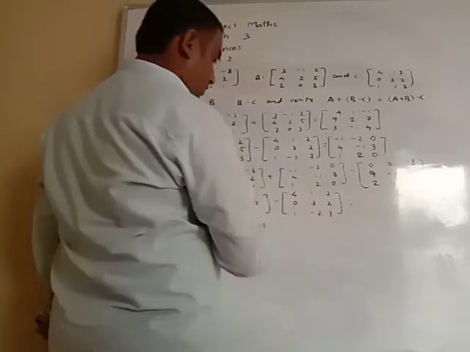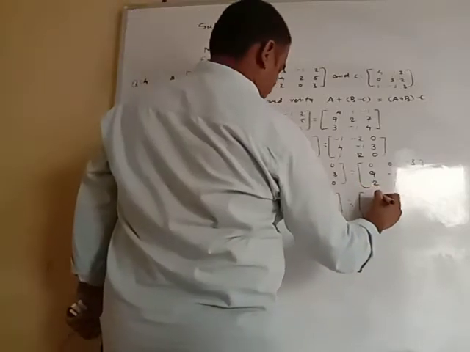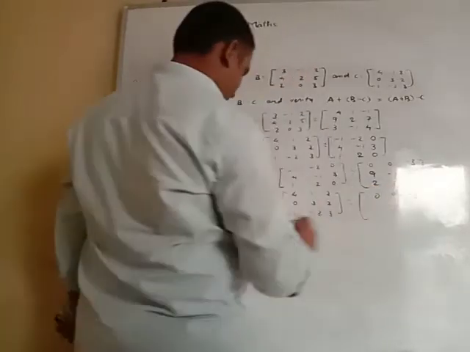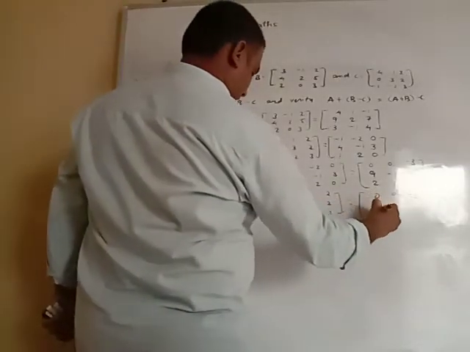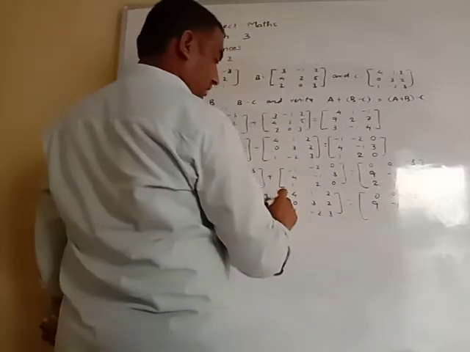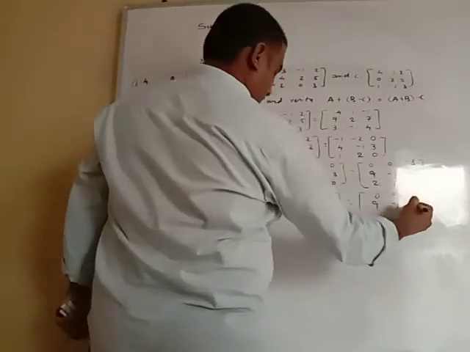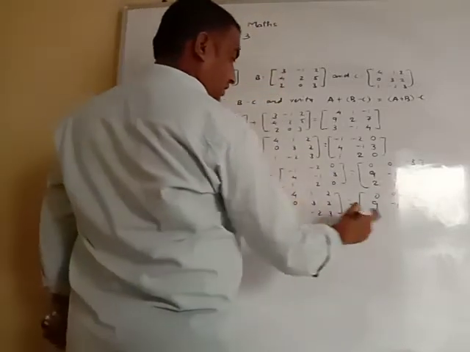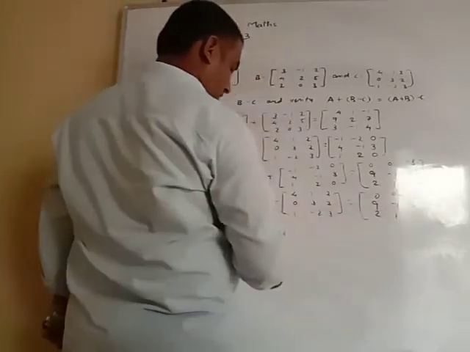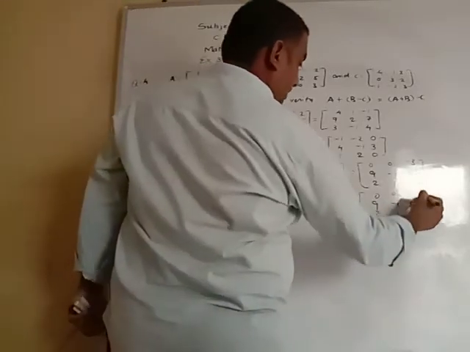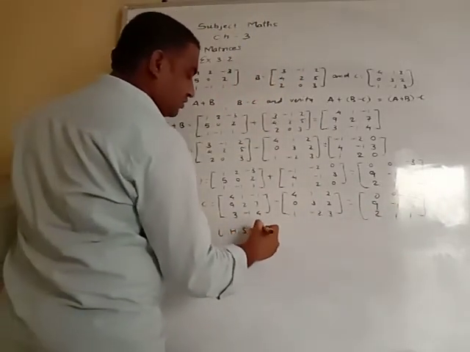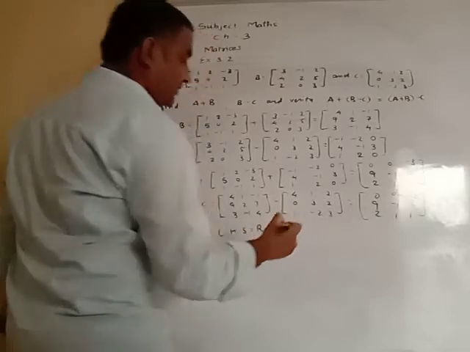So 4 minus 4 is 0, 1 minus 1 is 0, minus 1 minus 2 is minus 3, 9 minus 0 is 9, 2 minus 3 is minus 1, 7 minus 2 is 5, 3 minus 1 is 2, minus 1 plus 2 is 1, and 4 minus 3 is 1. So we can say that the left hand side is equal to the right hand side.